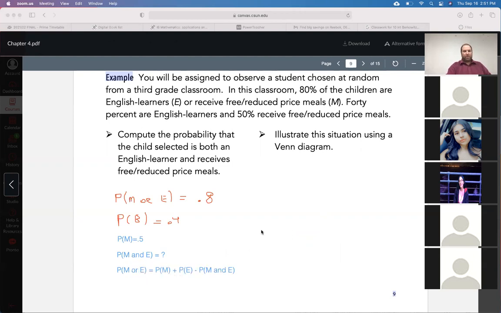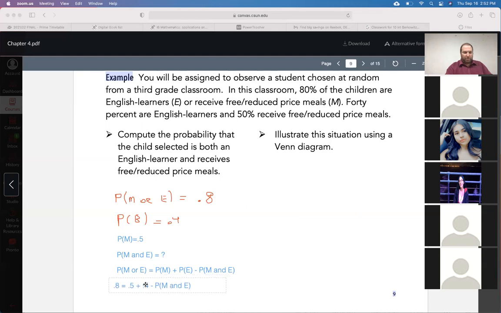Would it be 80 equals 40% plus 50% minus probability of M and E? So 0.8 equals 0.5 plus 0.4 minus, we'll just call it X, because actually I'll just write it out. Plus probability of M and E. Right?